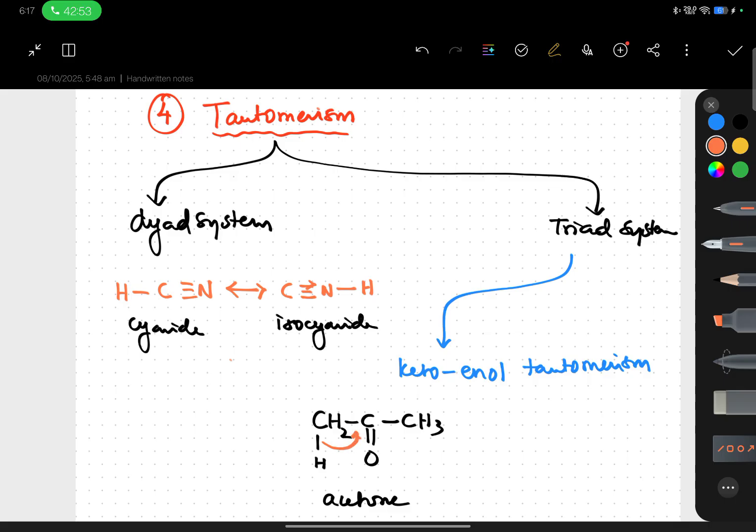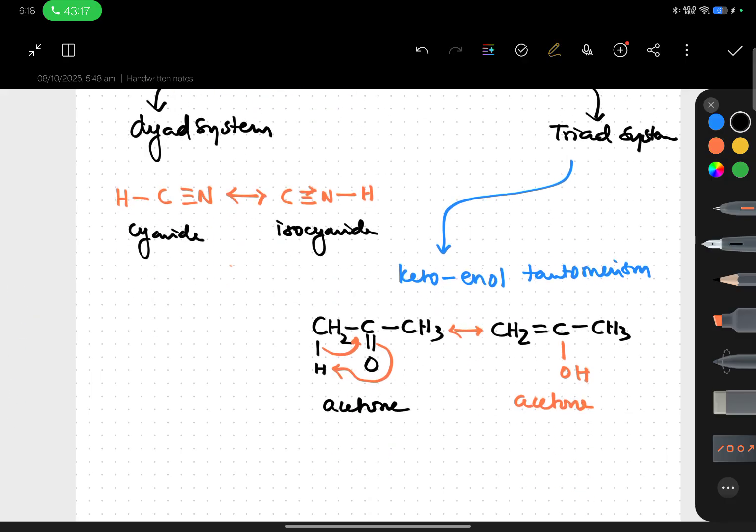The hydrogen shifts here and oxygen will take the hydrogen. So you'll get CH2 double bond C, single bond CH3, OH. So this is also acetone, no doubt, but the form changes. This form of acetone is called the keto form. This form of acetone is called the enol form.